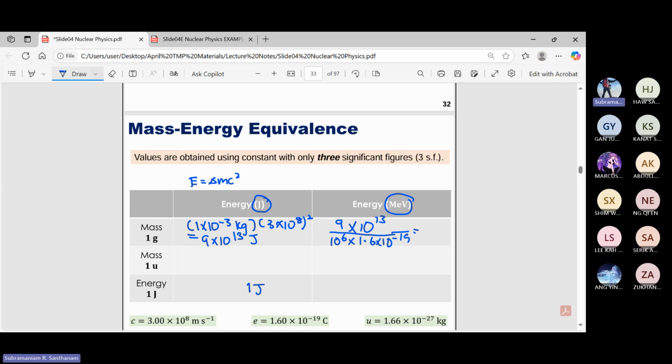So when we solve this, you have 9 times 10 power of 13 divided by 1.6 times 10 power of 13. Power of 13 above and power of 13 below will cancel.